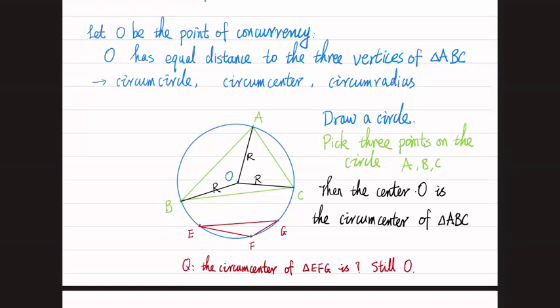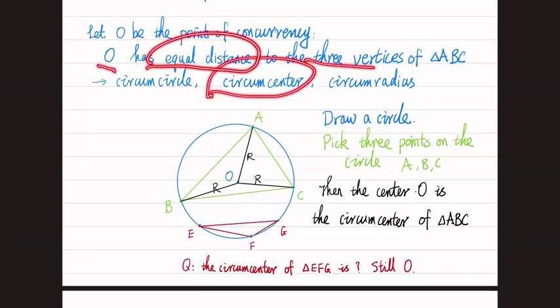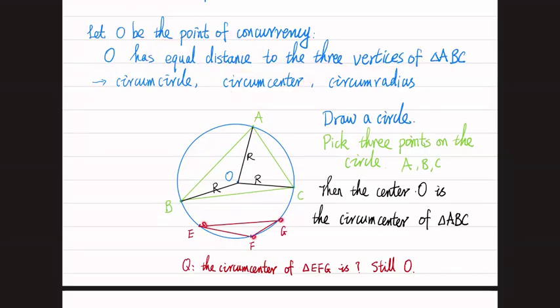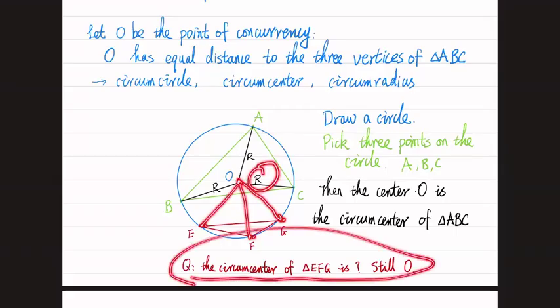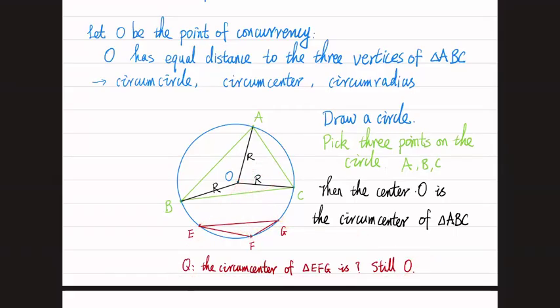The property of the circumcenter is that it has equal distance to the 3 vertices. For this triangle, the distances from the center to all of them equal the radius. Because of this, this point will be the circumcenter. Amy, that makes sense?